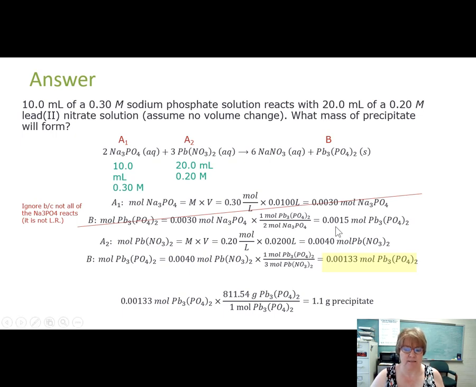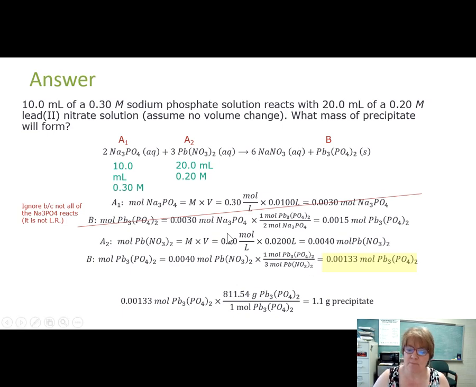In this case, the 0.00133 moles of lead phosphate is smaller than the one I got from the sodium phosphate. So because 0.00133 is smaller than 0.0015, I can determine that this is the limiting reactant and this is the theoretical yield in moles. And then I could just convert that to grams for only the one that was smaller.